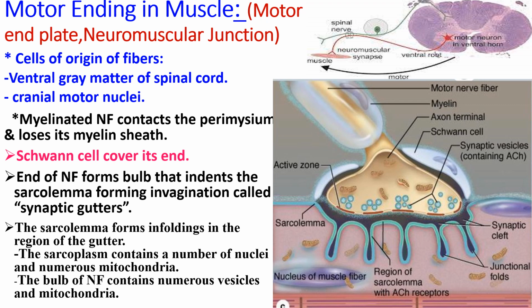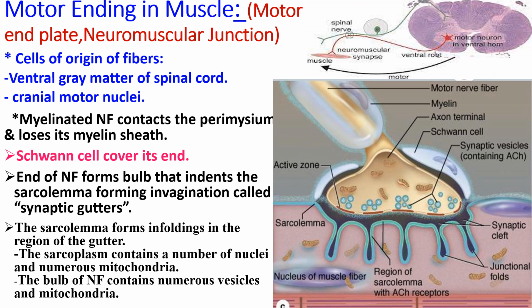This bulb indents the sarcolemma of the muscle fiber, the plasma membrane of the muscle fiber, forming invagination. This indentation is called synaptic gutter. Gutter means a groove, synaptic gutter.